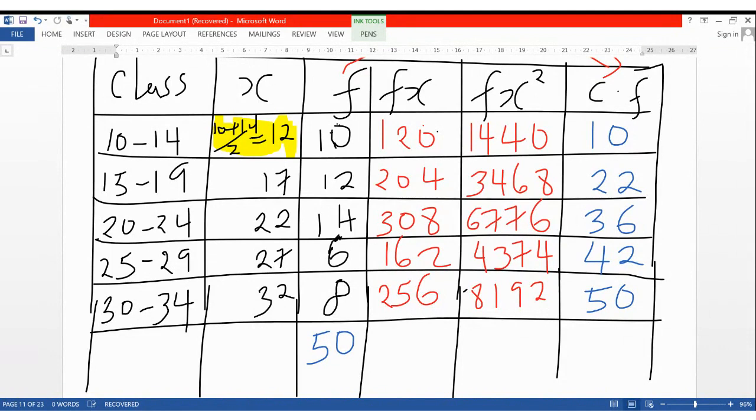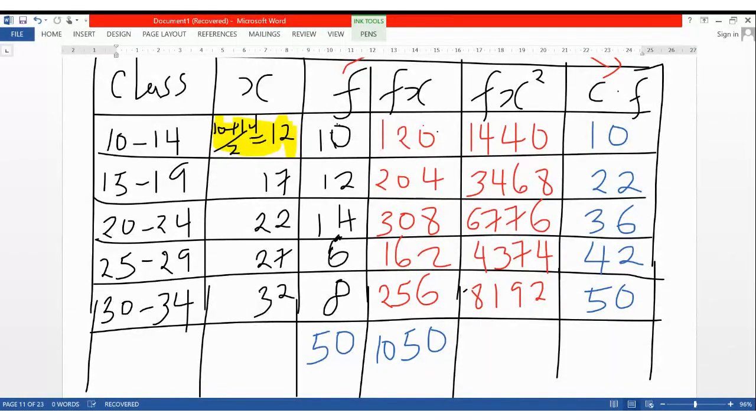Then I add the final one, fx squared: 1440 plus 3468 plus 6776 plus 4374 plus 8192. I'm getting 24250.